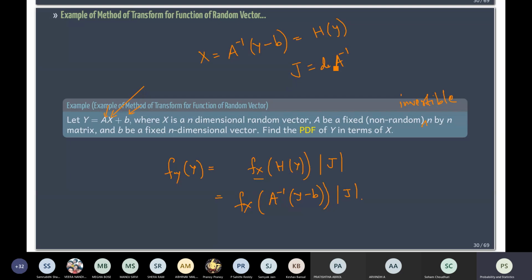The determinant of A inverse is 1 over the determinant of A, so this guy we know. We can simplify it further: it is the determinant of A times f_X of A inverse (y minus b), because f_X we don't know, so we just keep it like this. This is where we can leave it. The method of transform makes it a bit easier, provided you can find the inverse function, obviously.